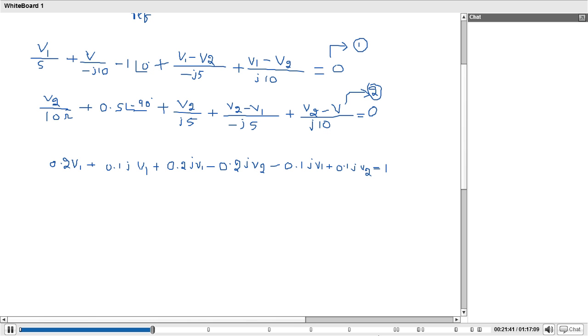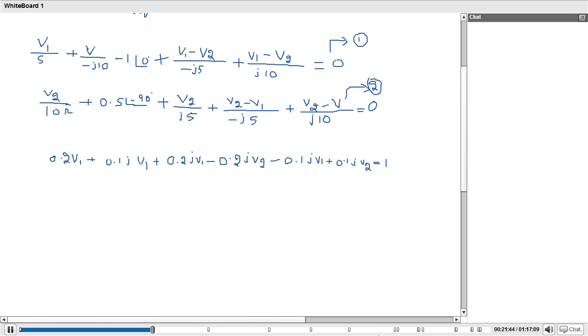Yes, sir. Yeah, so I am solving the equation 1. So anyway, there is only one real term, remaining all are having j imaginary term. So 0.2 V1. So one problem I think over here. Shouldn't it be, because over here it's 0.2 jV1, and then shouldn't it be plus 0.2 jV2?